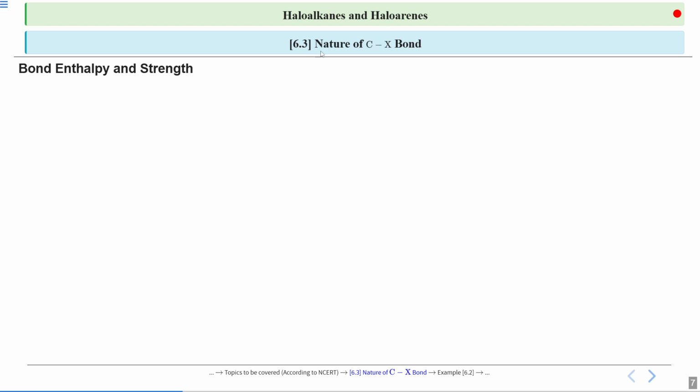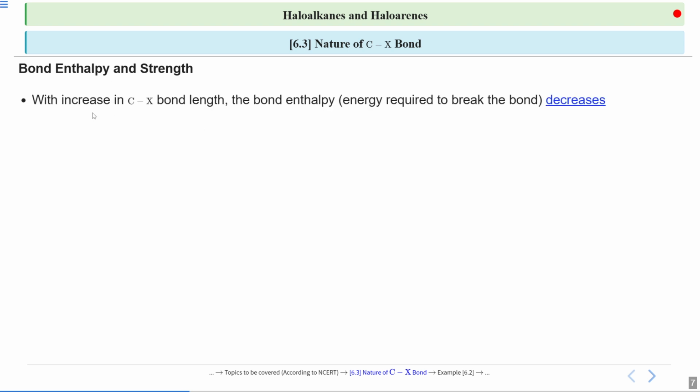Now let's see another nature of the carbon halogen bond, which is determined by bond enthalpy and strength. Bond enthalpy means the energy that you require to break that bond. Enthalpy means energy, okay?